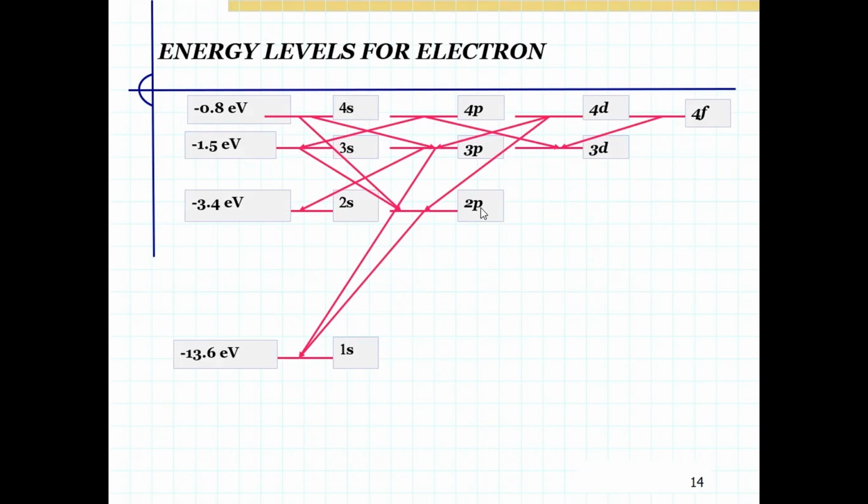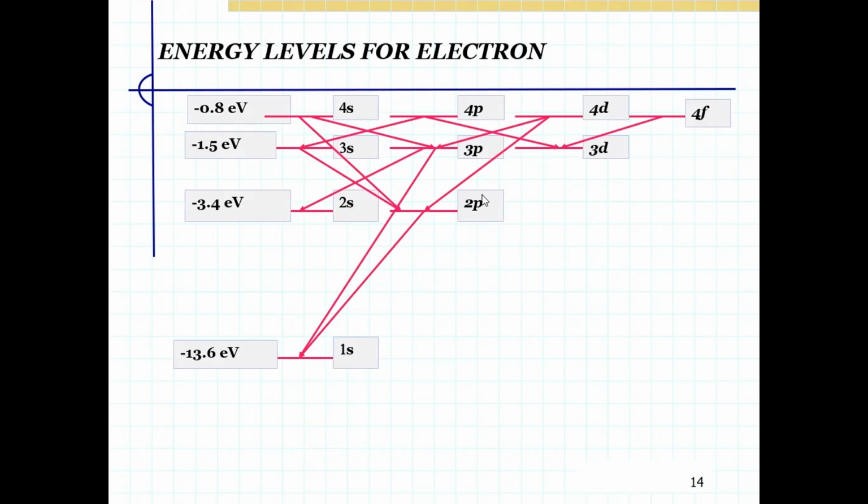Similarly, for P, 2p, 3p, 4p. 1p is not possible because L must be less than the value of the principal quantum number n, and here n is equal to 1, therefore it cannot be there.